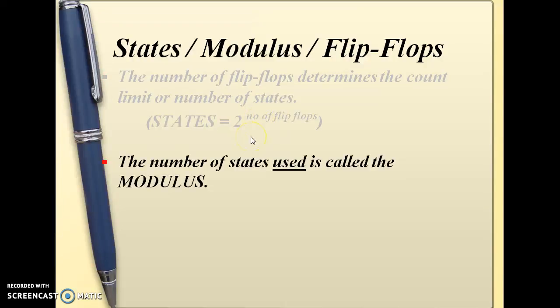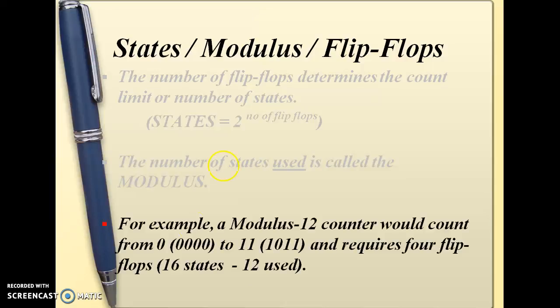Of these states, we use some states alone, and that is called the modulus of the counter. For example, a modulus 12 counter would count from 0 to 11, that is 0000 to 1011, and requires 4 flip-flops. Using 4 flip-flops, we get 16 states, out of which 12 states alone are used.